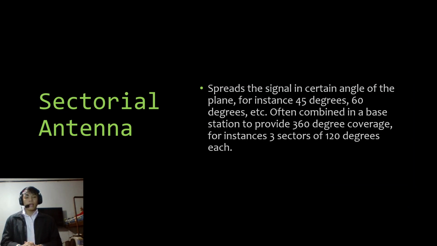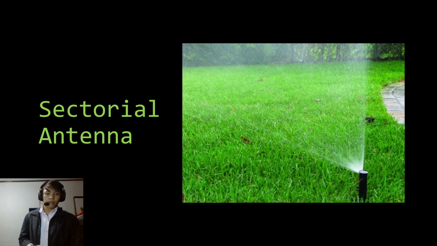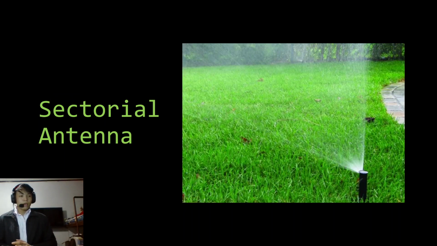A sectorial antenna spreads the signal in a certain angle of the plane, for instance 45 degrees, 60 degrees, and so forth. Often combined in a base station to provide 360-degree coverage, for instance, three sectors of 120 degrees each. So this is the illustration for a sectorial antenna.